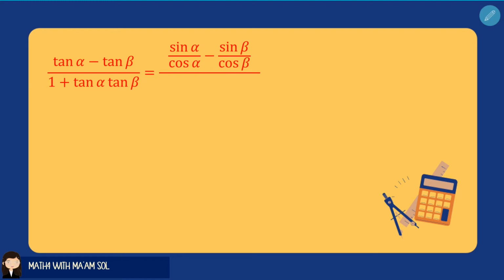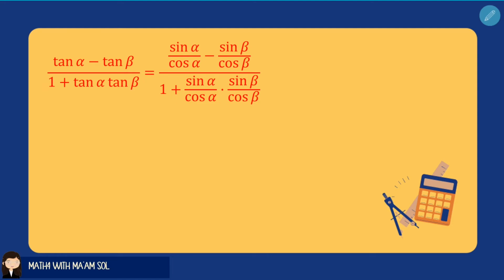We will use our ratio identities to express tangent using sine and cosine. So we have for tangent alpha, sine alpha over cosine alpha, minus for tangent beta, sine beta over cosine beta, all over 1 plus tangent alpha is again sine alpha over cosine alpha, and tangent beta is again sine beta over cosine beta.